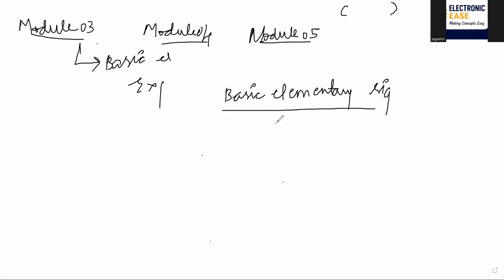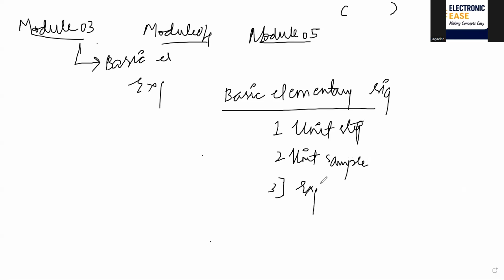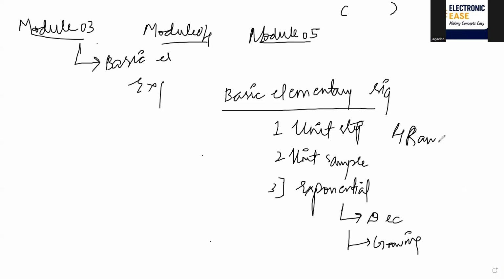Basic elementary means you have to write about the unit step, unit sample, exponential with decaying and growing, ramp, and sinusoidal. These mistakes were made by the previous year's students, so I'm telling you.